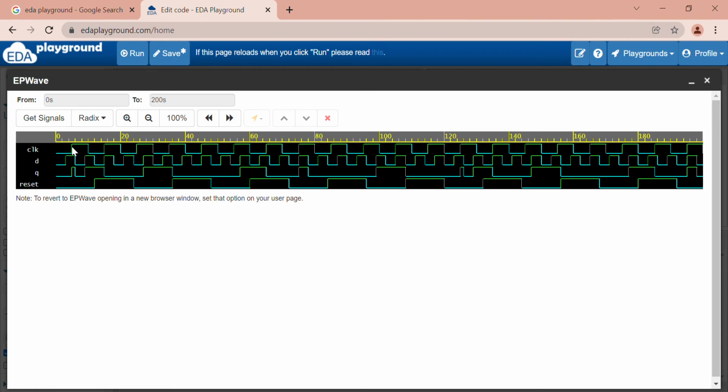Similarly, at this point our Q also changes to 1, then it follows D. After that it follows D at 1, but when the clock changes its level to 0, then it holds its previous state, that is 1.